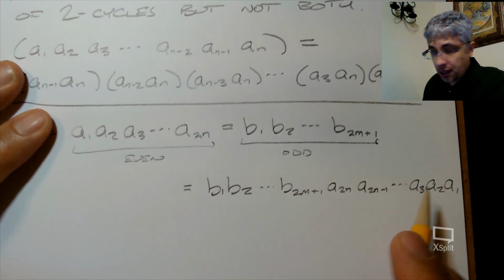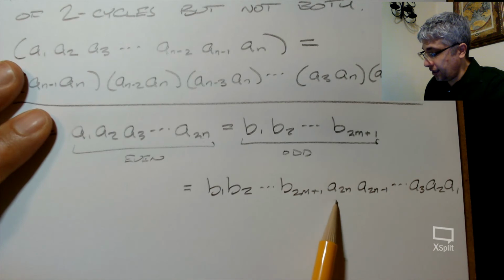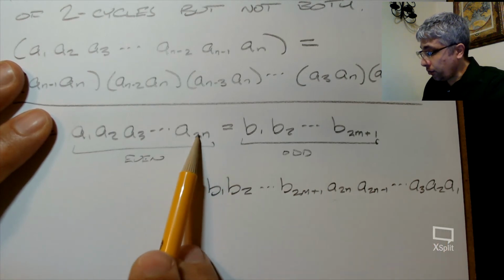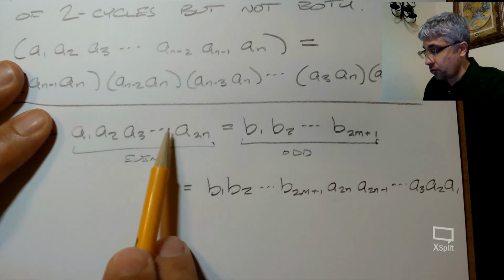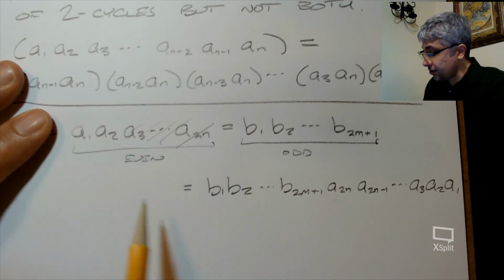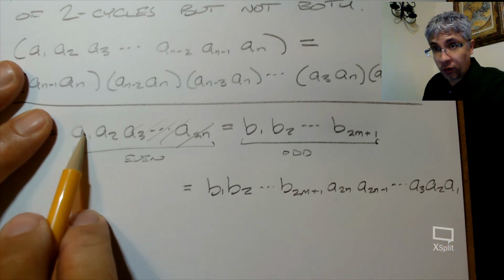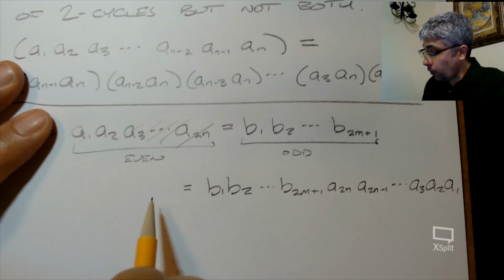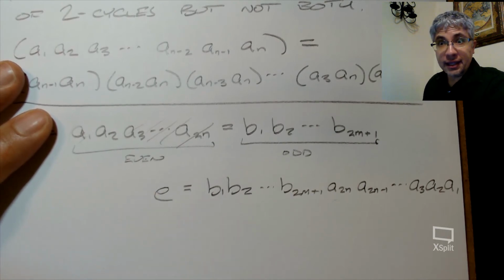But on the left, when I multiply on the right by a2n, a2n-1, and so on, this goes away, and then the next one goes away, and then the next one goes away, all the way till there's nothing left except an a1 on the left, and then when I multiply both sides by a1, that a1 goes away, and I get the identity.